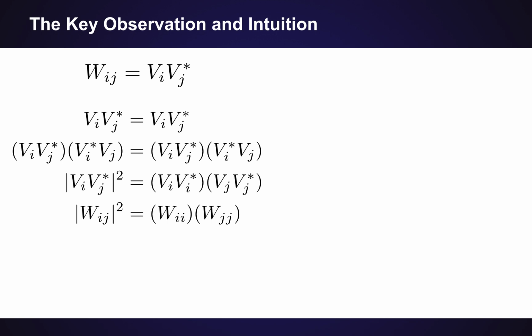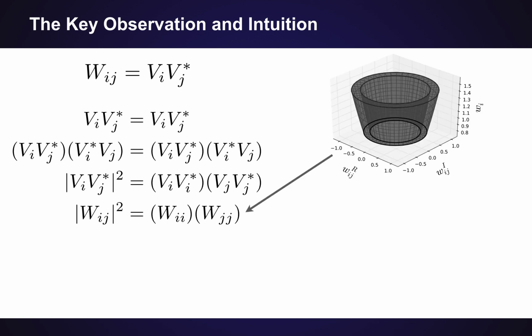Okay, so then we should look at this constraint and see, is this now somehow magically a convex constraint? So we can draw it. This picture over here shows the feasible space of the equality constraint, where we have projected out the Wjj variable. It also includes the voltage bounds, because we know these bounds are about 0.9 to 1.1.